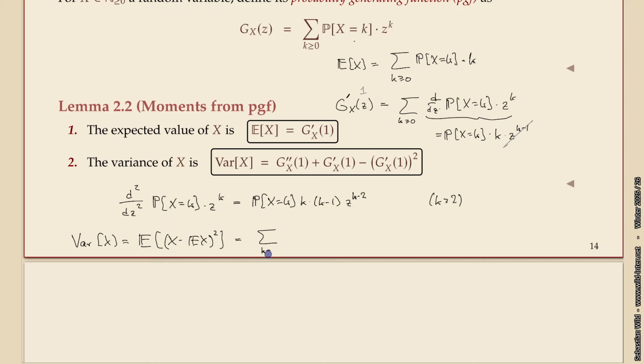So we sum over all possible values for k, say k greater equals 0 again, probability for x to be k, and then this lovely thing. And we already know what this is, right? This is exactly this term. So that you can insert.